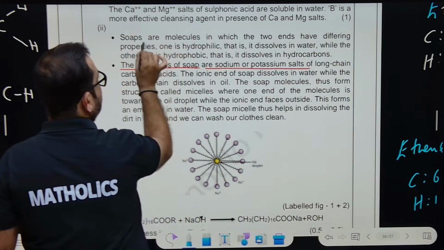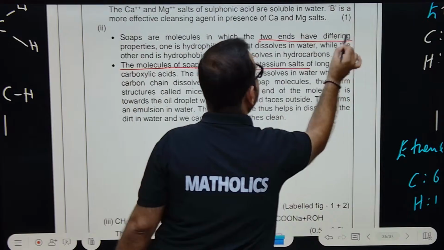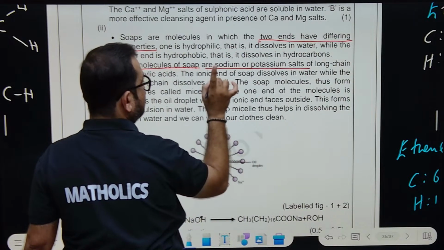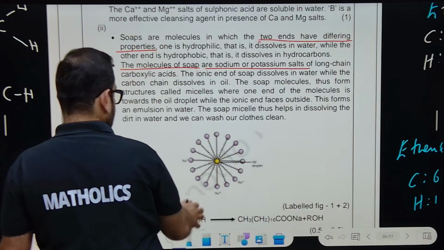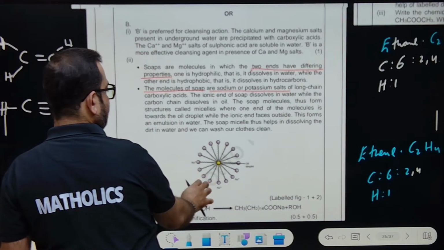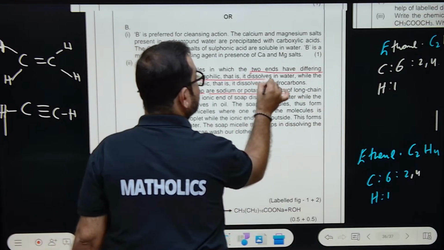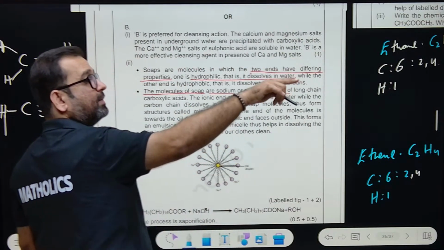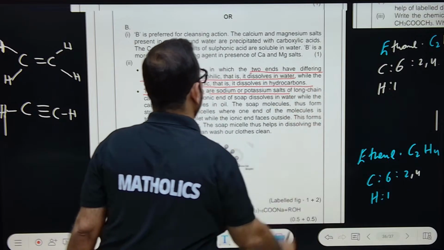First, learn this: soaps are molecules in which the two ends have different properties. Now the diagram is clearly visible, right? Hydrophilic means dissolving in water. Hydrophobic means dissolving in hydrocarbons.